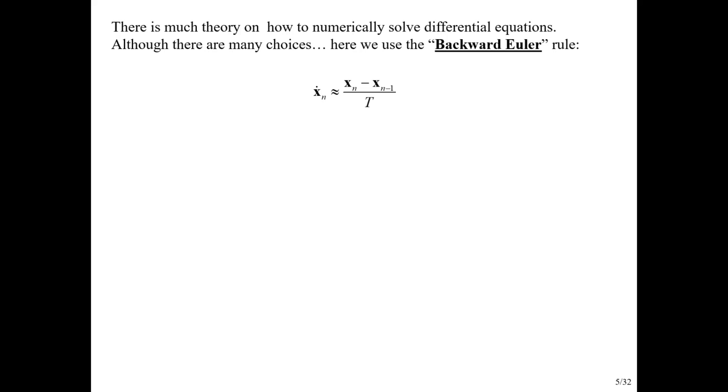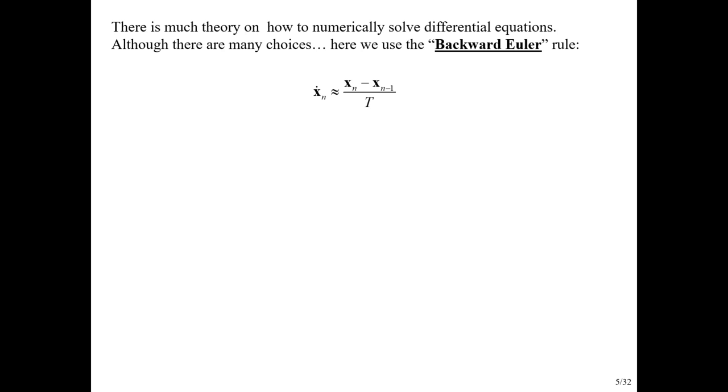There are many different ways of numerically solving a differential equation. You can find books that will give many, many different approaches to this. David Ye proposes using one such method, and it's called the backward Euler rule. Yep, same Euler that links complex exponentials and real sinusoids.